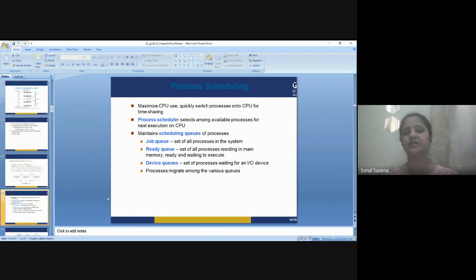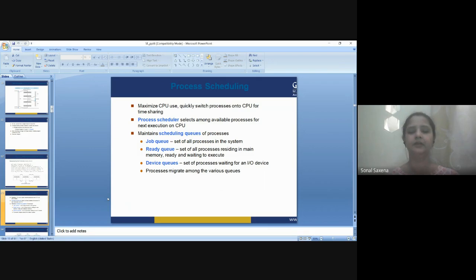The ready queue is the queue given to a process when it is ready to be executed, when it has got all the resources and the data which it requires. Once it has got all the things, you can run the process. Then you have device queues. What are device queues? There is a set of processes which are waiting for an input output device, and this queue is used for that.